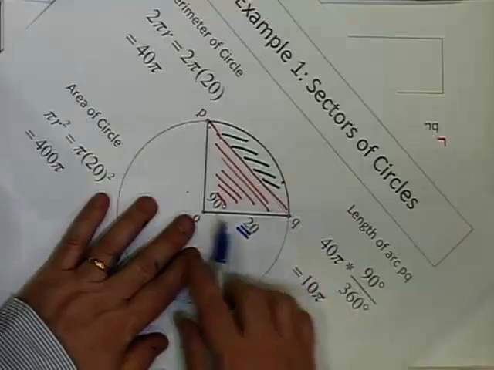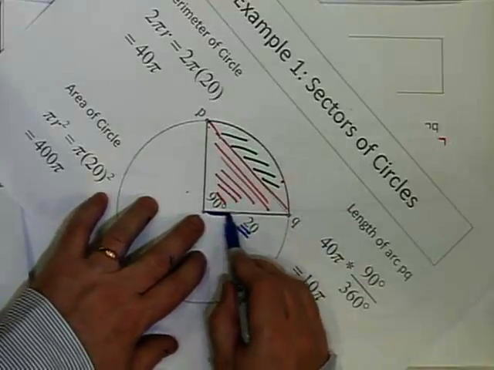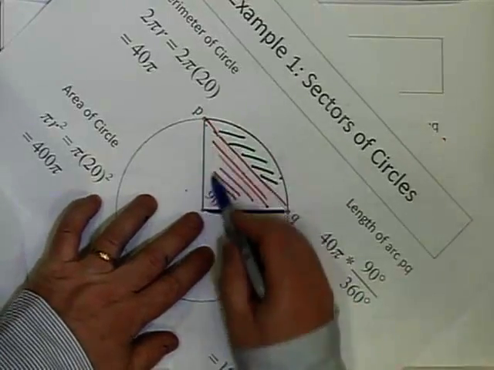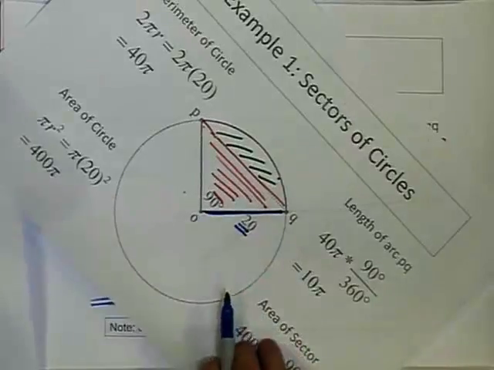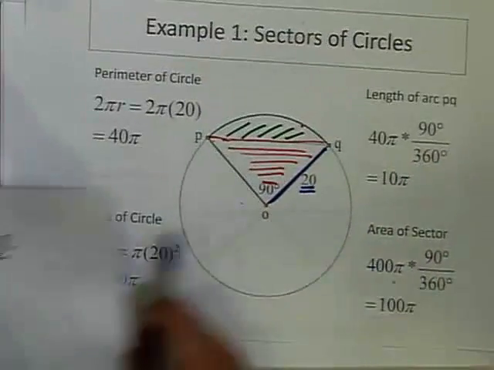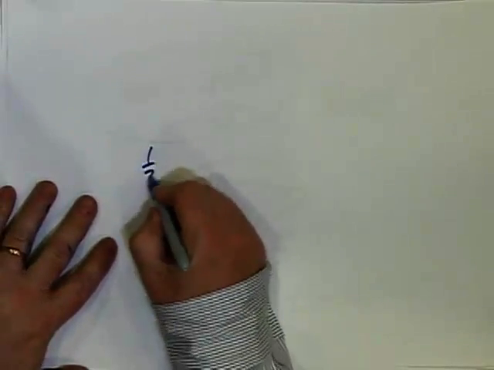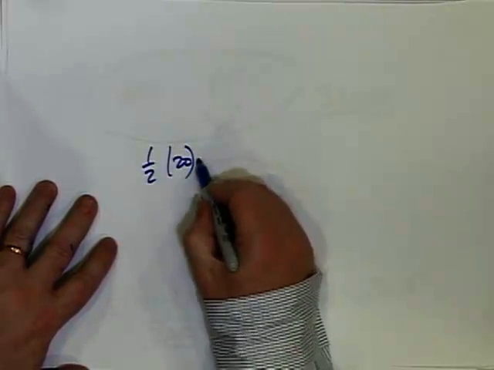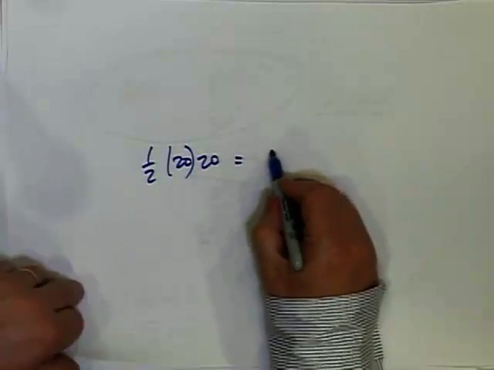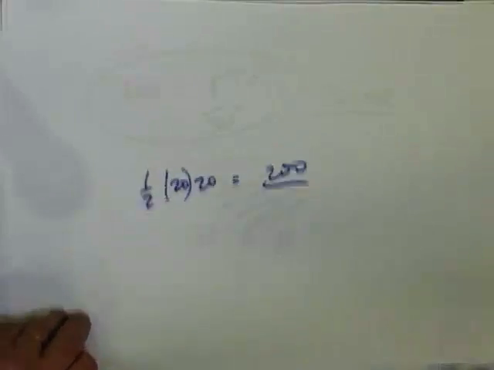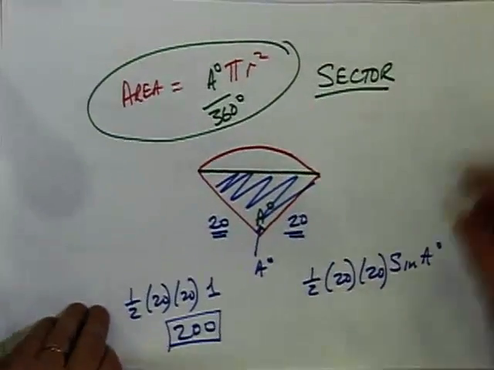And that would be a triangle on the flat. And that would be the base, and that would be the perpendicular height. So I'd get half the base, which is half of 20. And the perpendicular height would be 20, which would be 10 times 20, which would be 200. So I could solve it with either one.